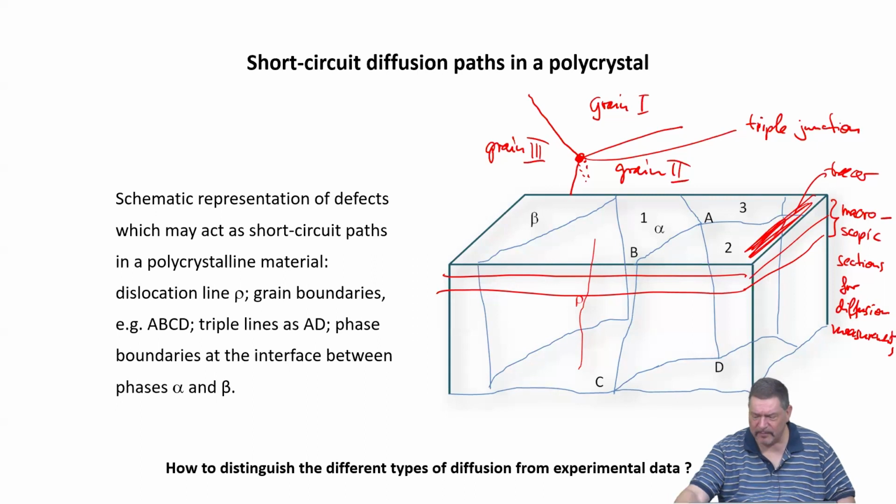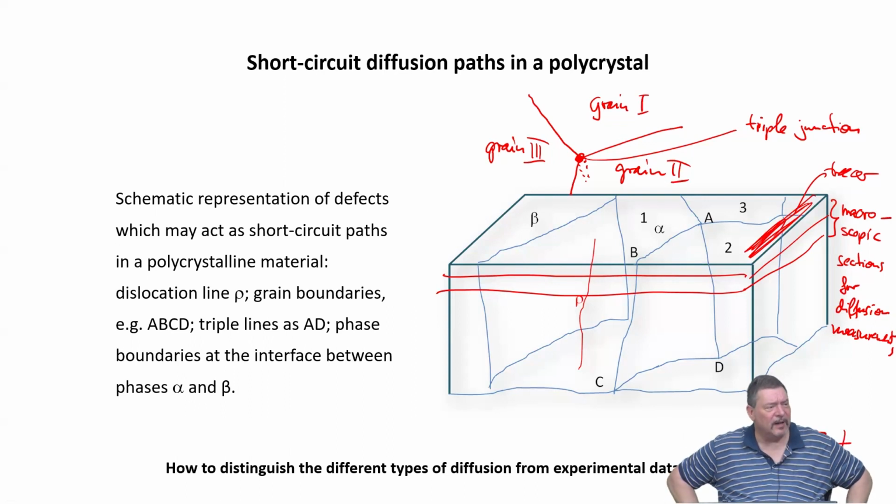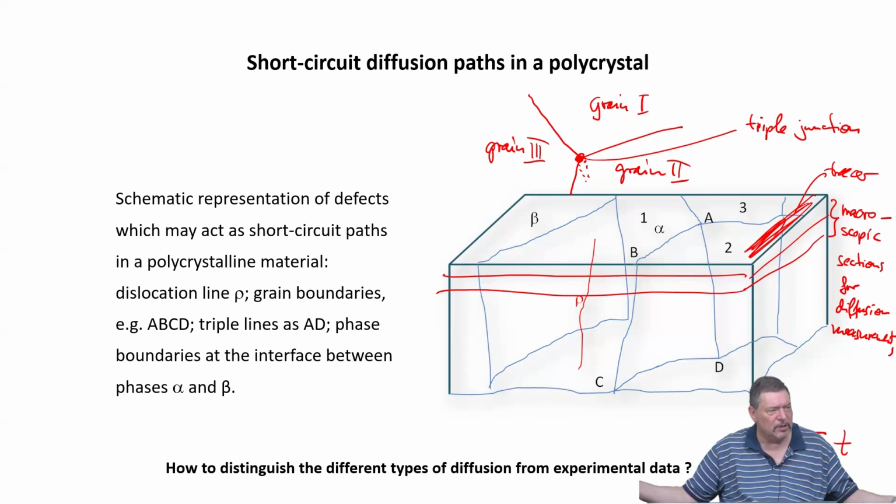The trick is to choose the temperature and time wisely, meaning that when you go to low temperatures, short times, only the fastest diffusion pathways will contribute to the macroscopic dimensions we require in order to measure diffusion, and this is how we can sort out.